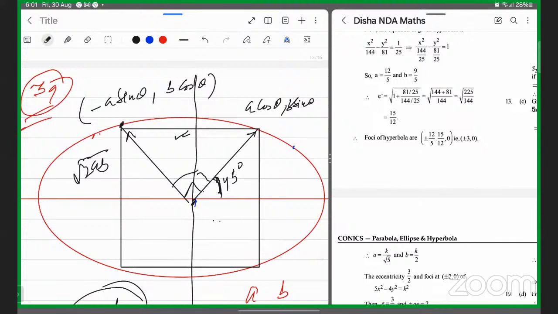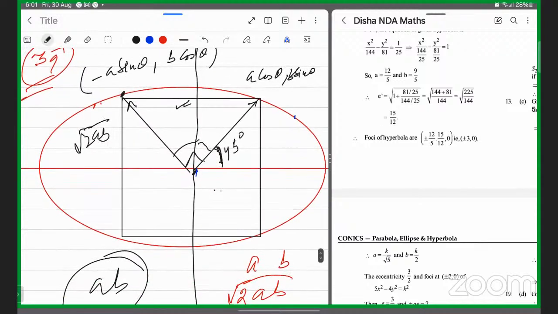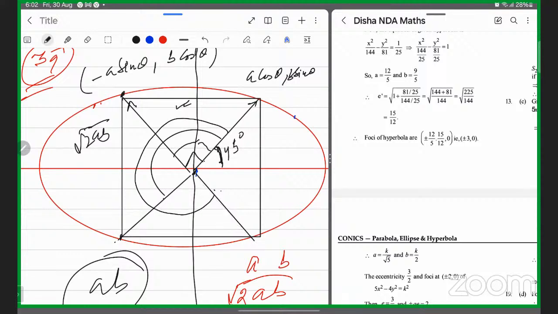For this vertex, and for this 270 degree.